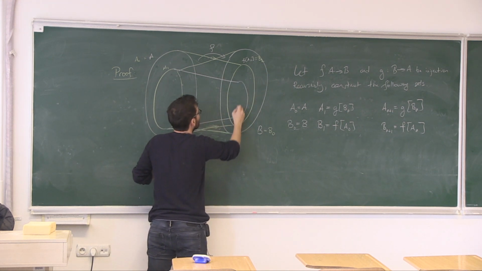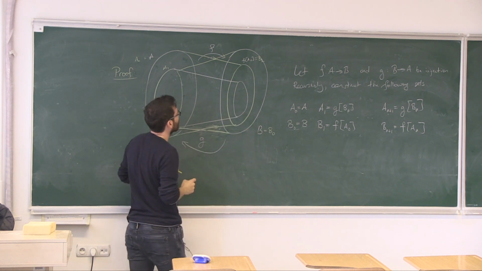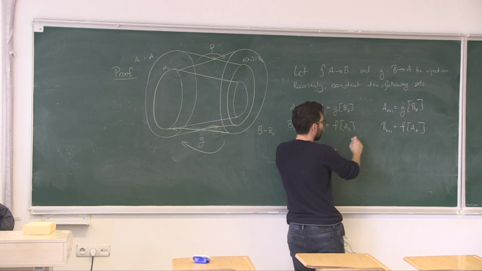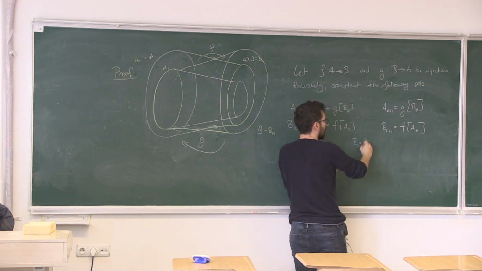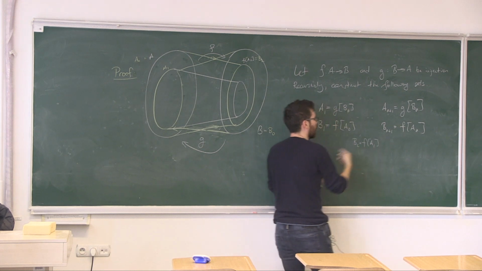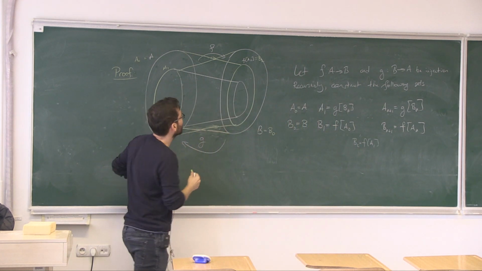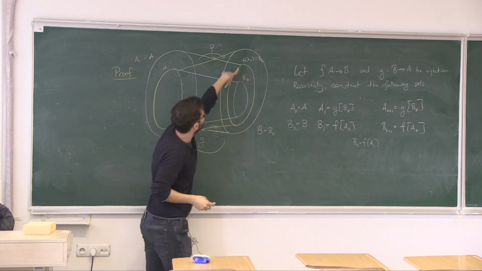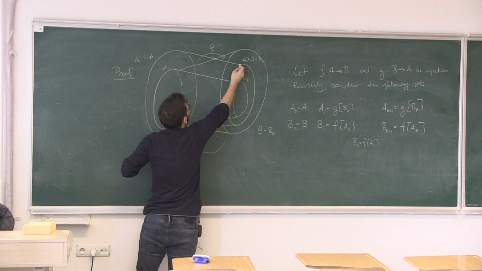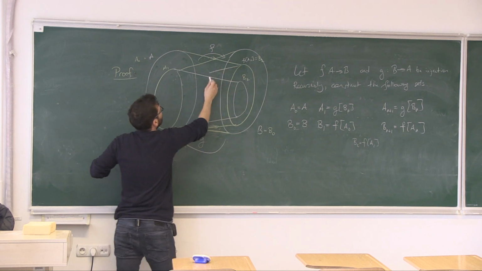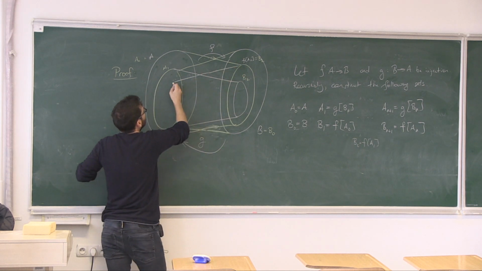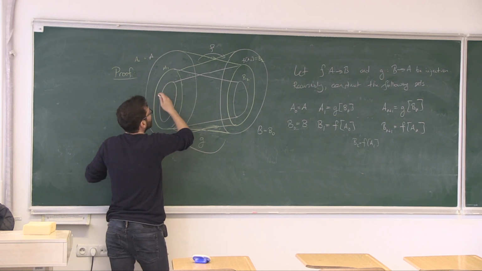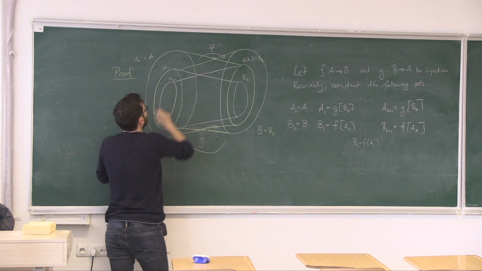Maybe I should write that down. You see, B2 is, what is B2? B2 is F of A1. So I'm just going to apply F to this, and this is going to be my B2. And I'm going to apply G to this guy, and I'm going to get A2. So this is going to be my A2.